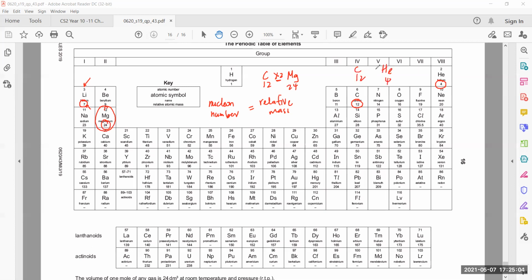It means that helium is 3 times smaller than carbon. We use carbon as our standard because carbon is the most abundant element in the world. So all these numbers are actually the relative mass, that means the comparative mass of all these elements as compared to carbon.